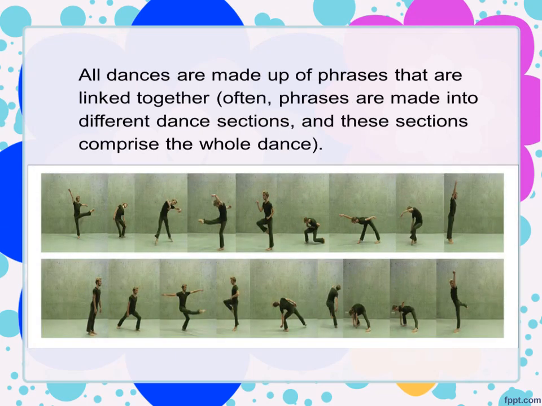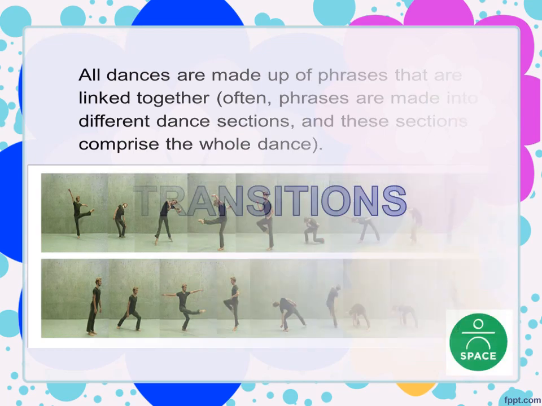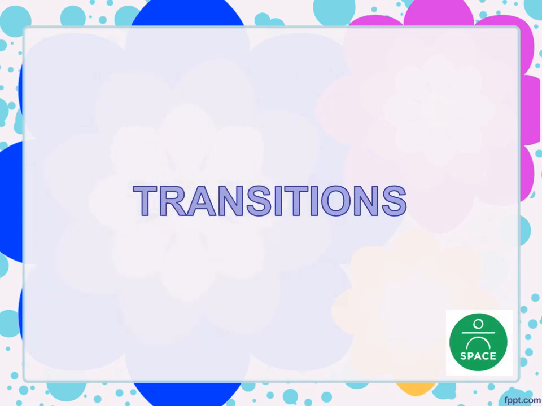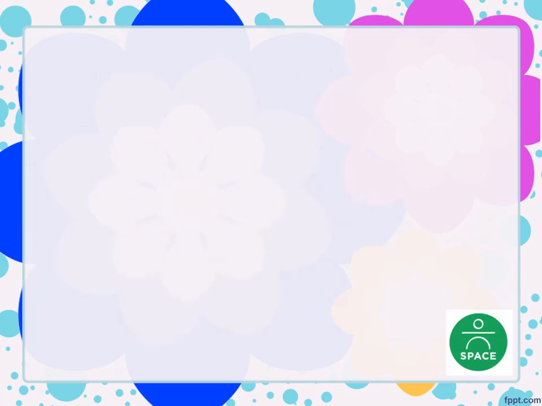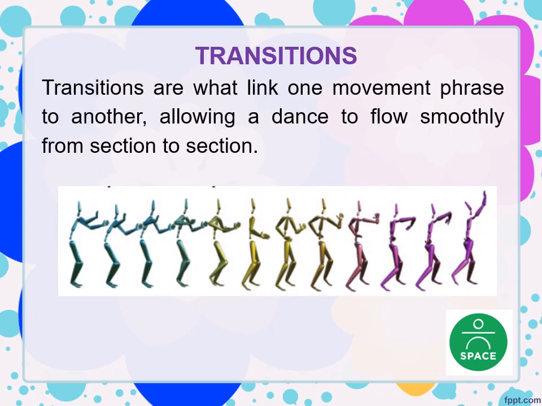All dances are made up of phrases that are linked together, or often phrases are made into different dance sections, and these sections comprise the whole dance. Transitions. Transitions are what will link one movement phrase to another, allowing the dance to flow smoothly from section to section.